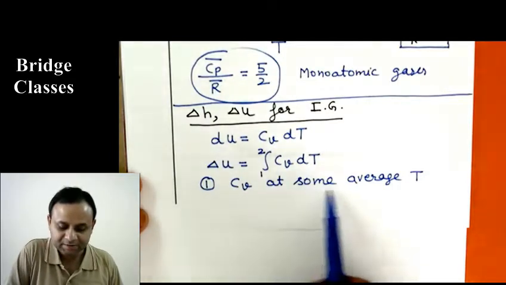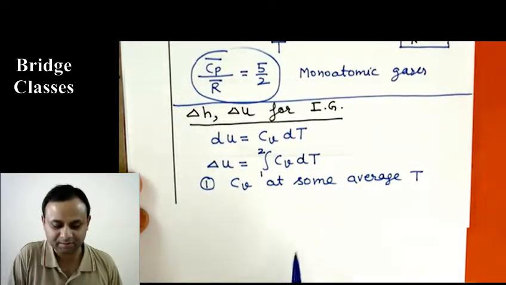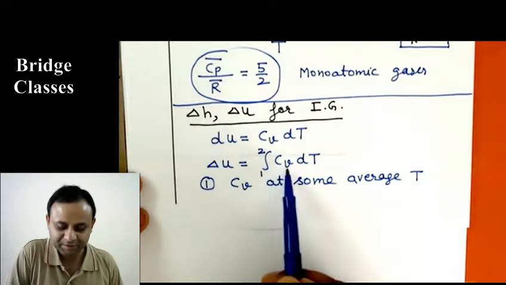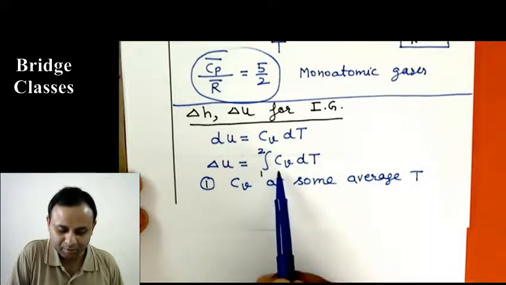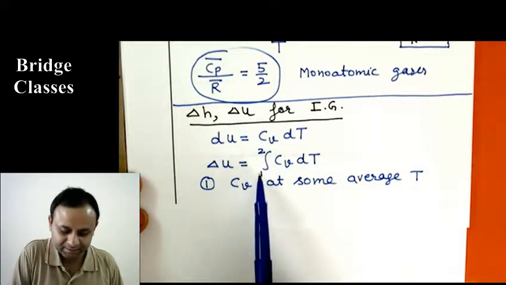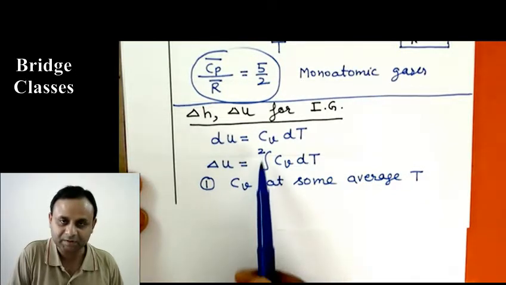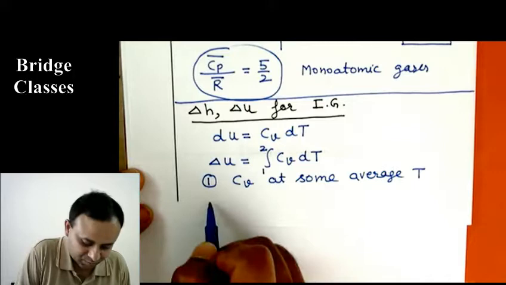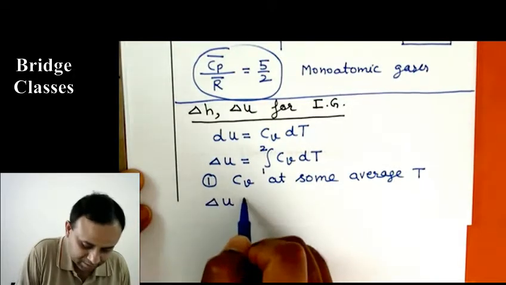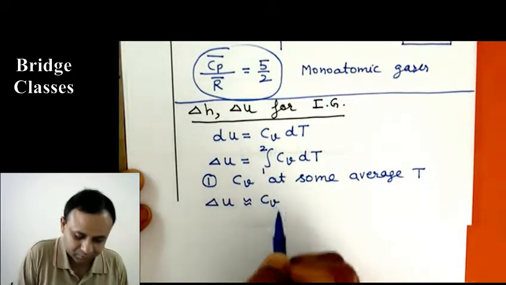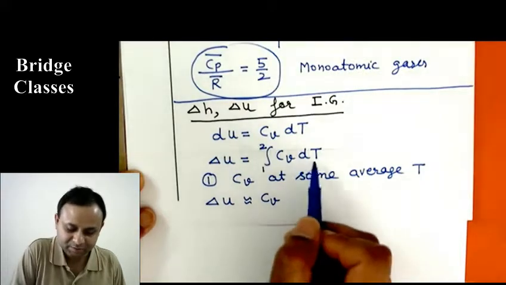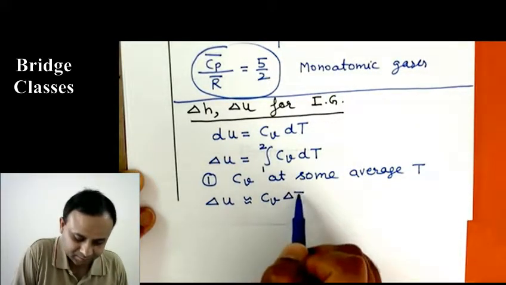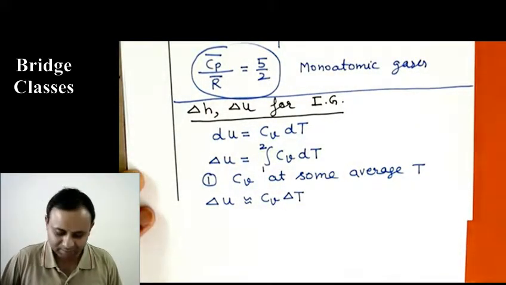So I'm taking Cv at some average temperature, because it varies with temperature. I can take a value which is at the midpoint of 1 and 2, and then take it outside of the integral and approximate delta U as Cv, at average temperature, times change in temperature, Cv delta T. That is one option I have.